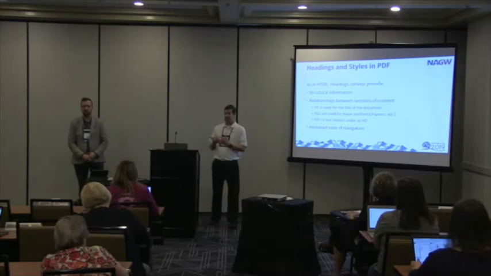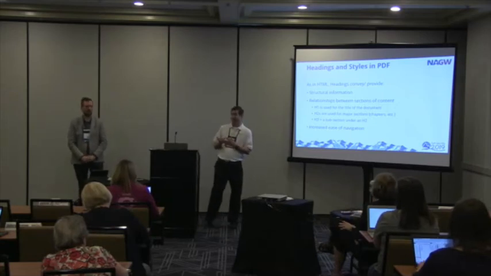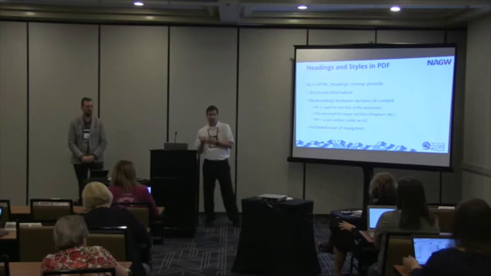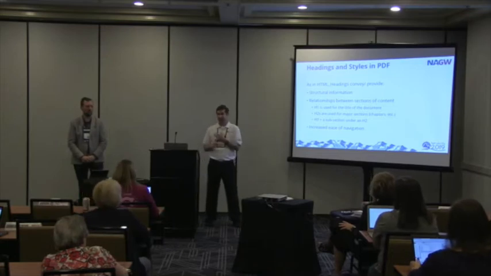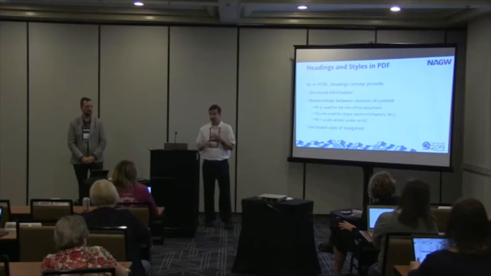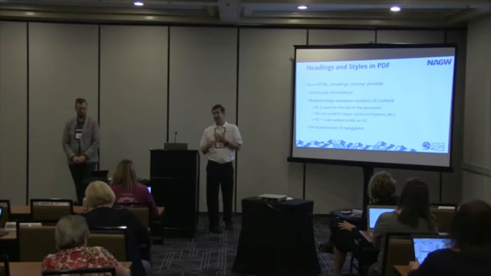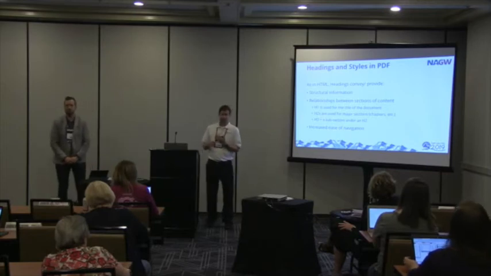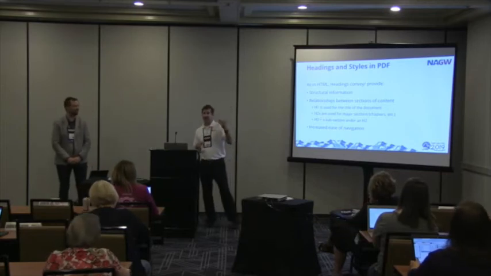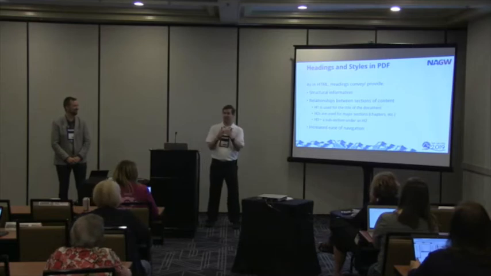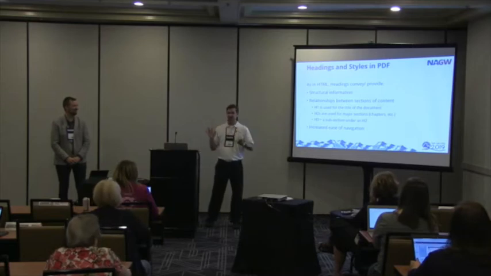One thing that might be important to mention is the title tag in PDF. There actually is a title tag in PDF, but it doesn't get treated like one would expect. Title tags actually map to heading level 4. So if you use that for the title of your document, you're starting with a heading level 4, and then you go to a heading level 1, and things get all weird.